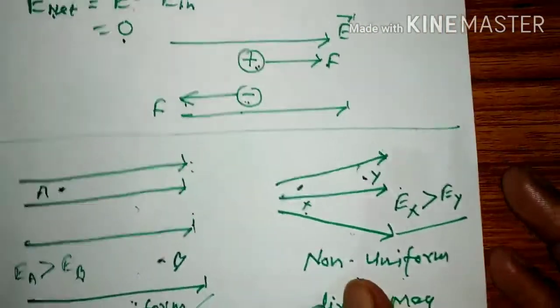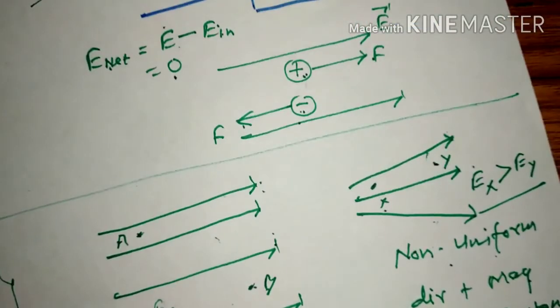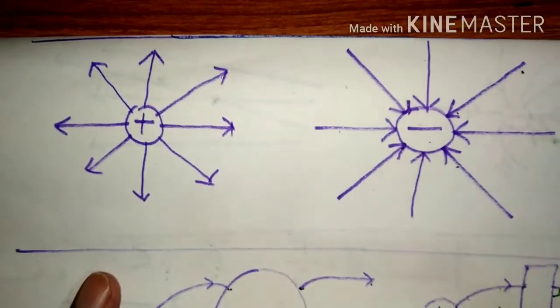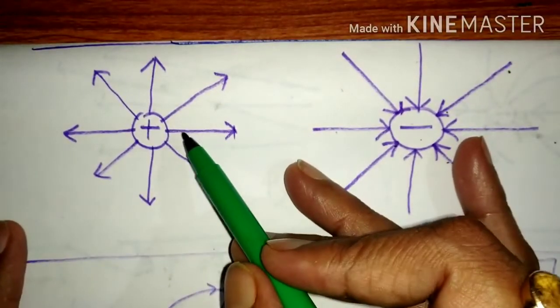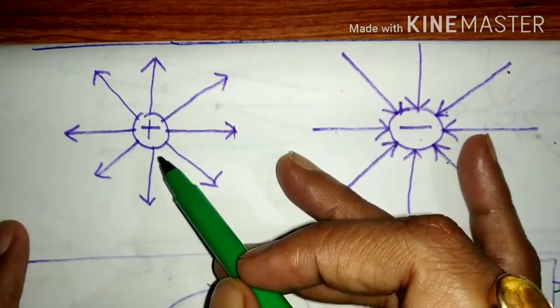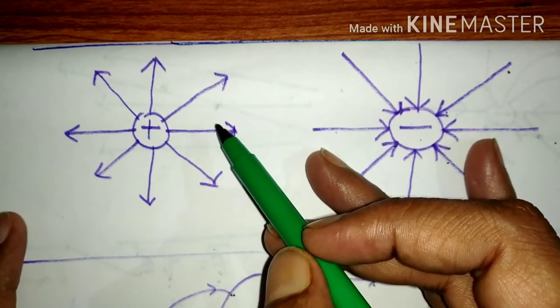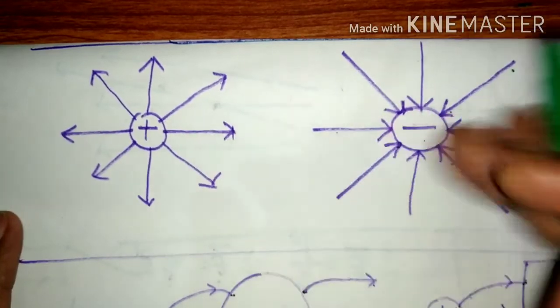So if we see the electric field lines due to a point charge, just you see, these are diverging ones. Electric field lines due to a point charge show that due to a point charge, electric field is not constant, it is non-uniform electric field.